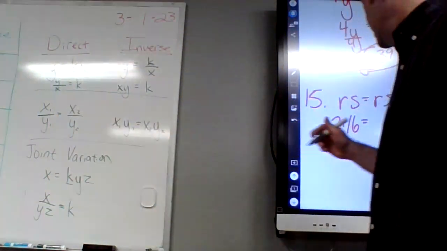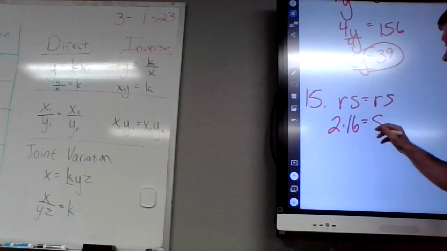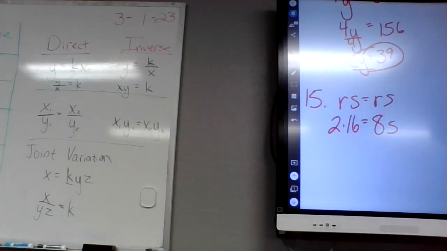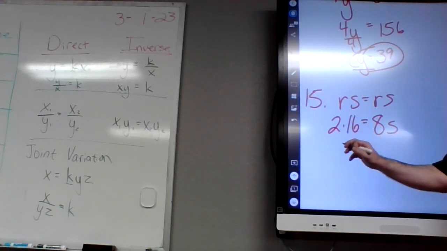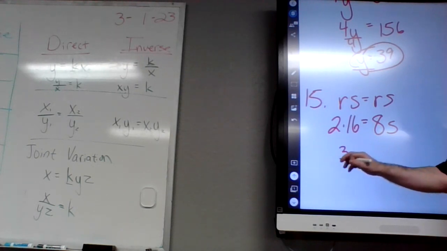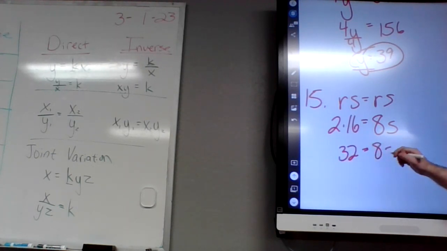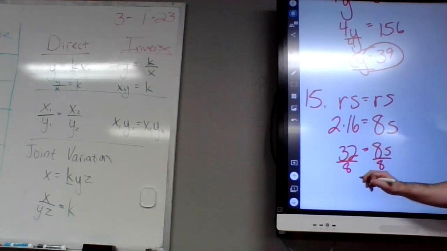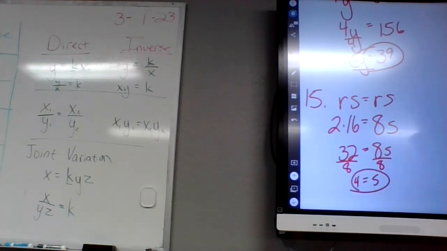Find s when r is 8. That's it. 2 times 16 is 32. 32 divided by 8 is 4.